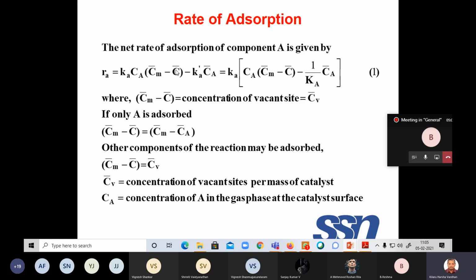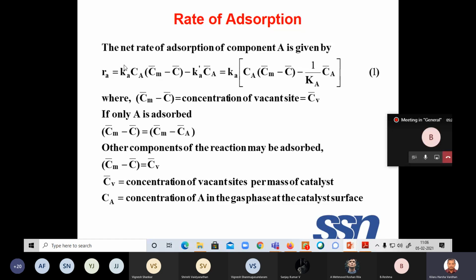So the net rate of adsorption of a component A, we already discussed this yesterday, I'm just repeating it. Cm is the concentration of the monolayer minus the concentration of this. So this is the driving force.